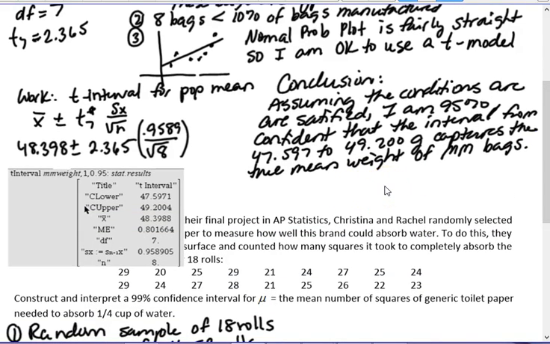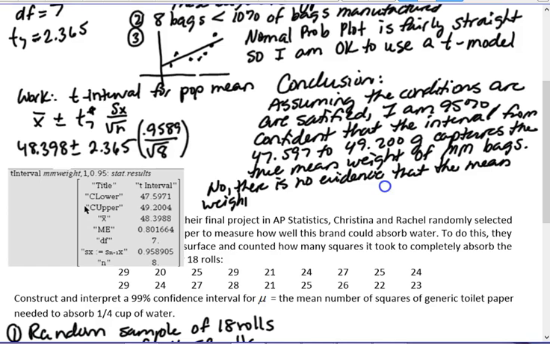No. There is no evidence that the mean weight, and I should probably say the population mean weight, is less than 47.9 grams, because that value is contained in the interval.